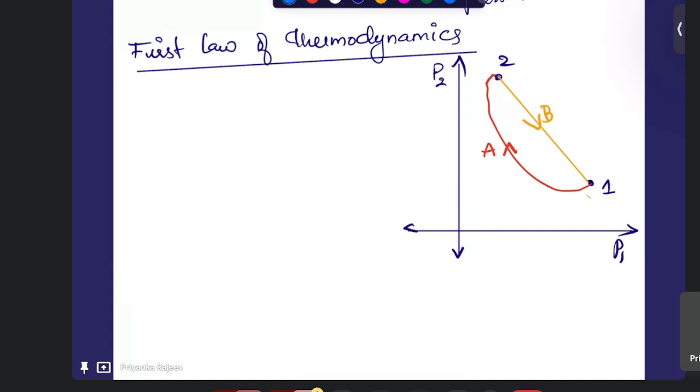Okay, for the sake of showing the calculation, I am taking another path. So what is happening in this cycle AB? As we know, cyclic integral of heat is equal to cyclic integral of work.